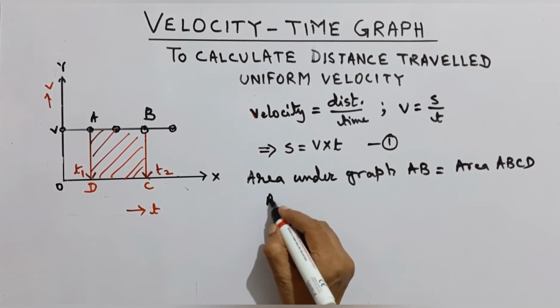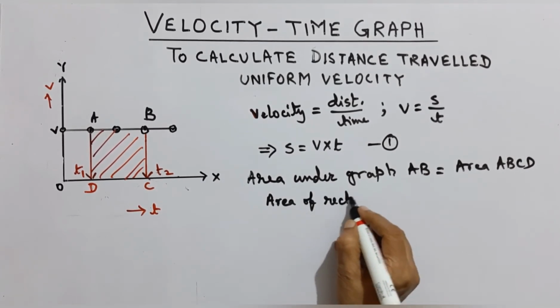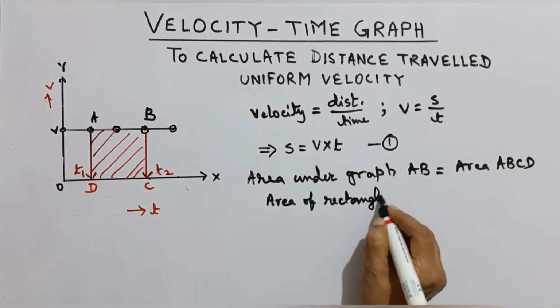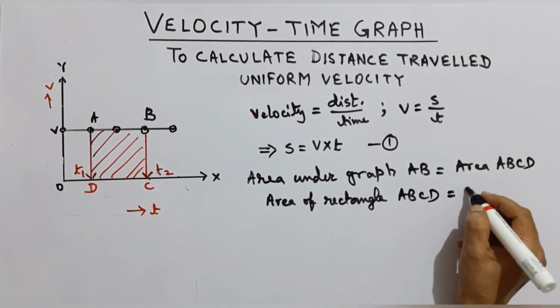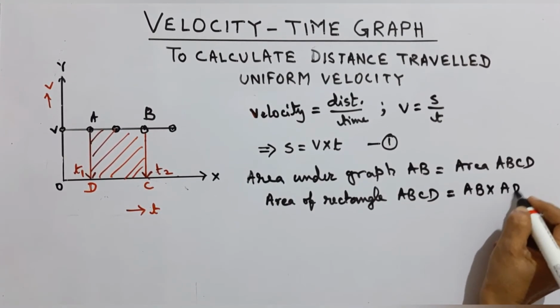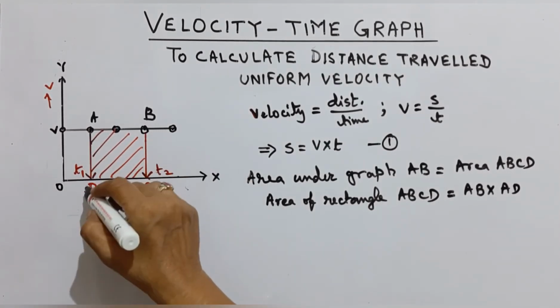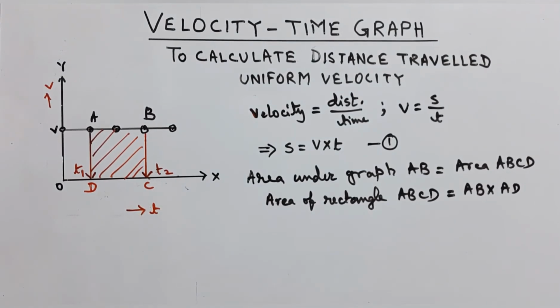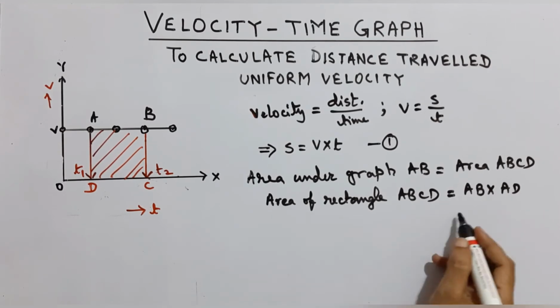So area of rectangle ABCD is equal to AB into AD, or AB into BC, or AD into DC, or any such pair. We have to take the length into breadth.